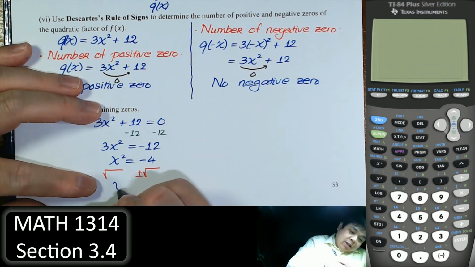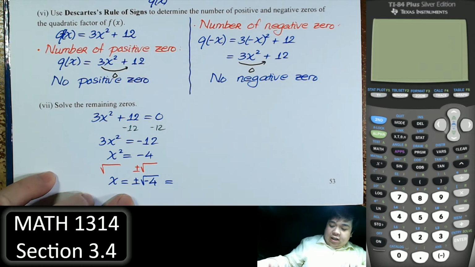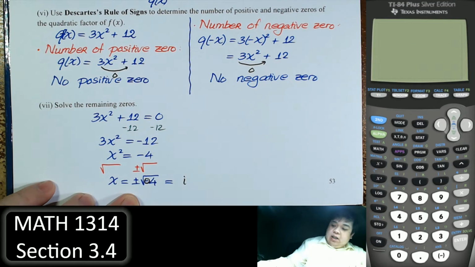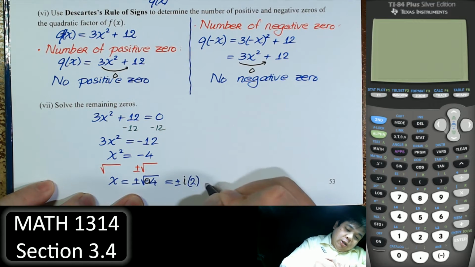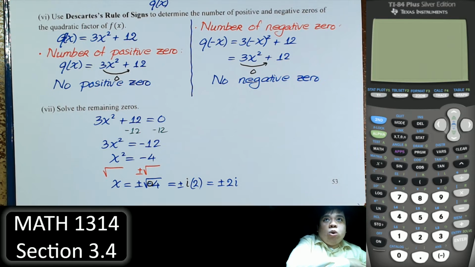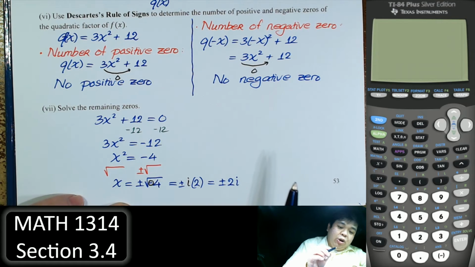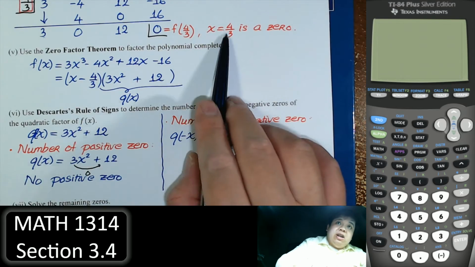So we have x equal to plus or minus the square root of negative 4, and the negative inside the square root makes it imaginary. The square root of 4 is 2, so plus or minus 2i. So what we have here is guaranteed to have no more real solutions. The solutions we have are 2i, negative 2i, and 4/3.